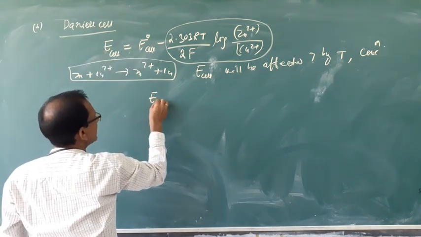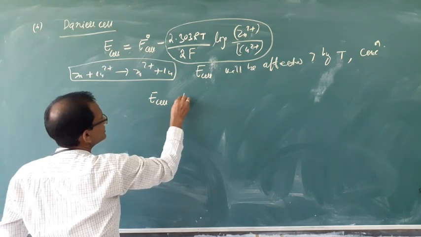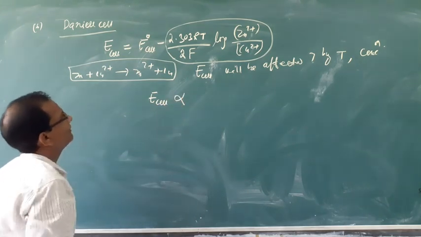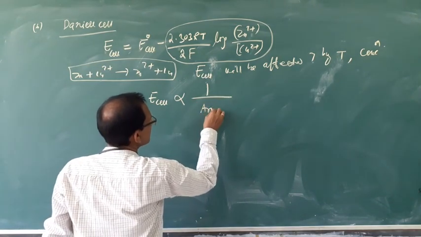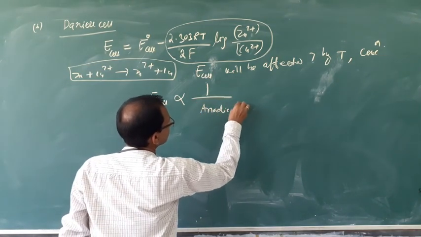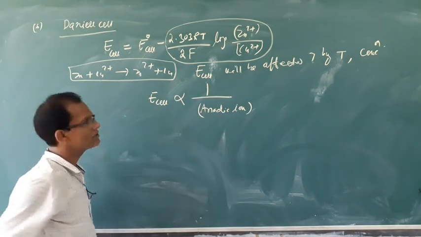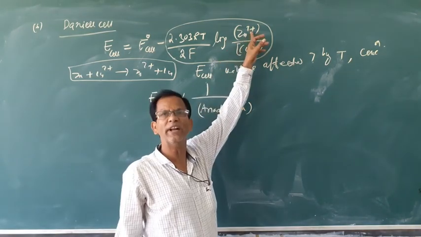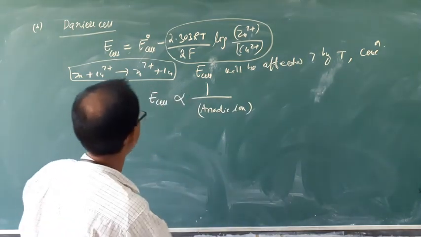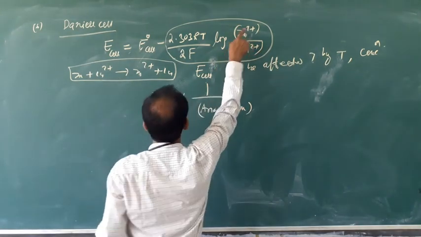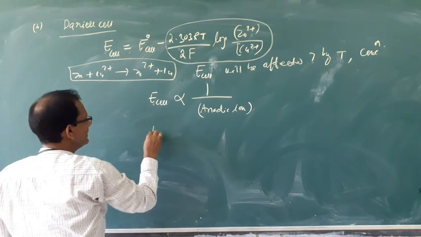So the conclusion is E cell is inversely proportional to the concentration of the anodic ion. Anodic ion means the ion at the numerator, that is the anodic part. High value, low E cell.